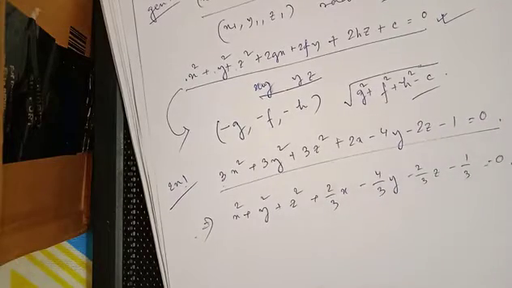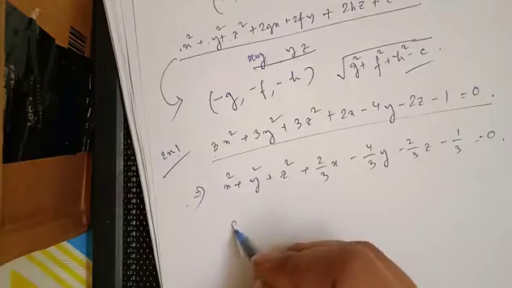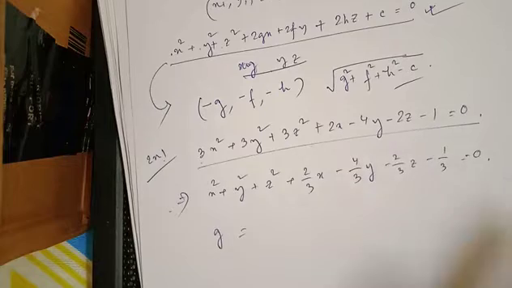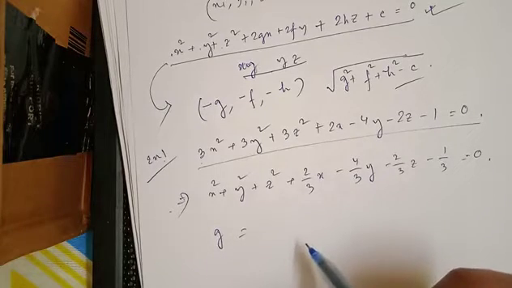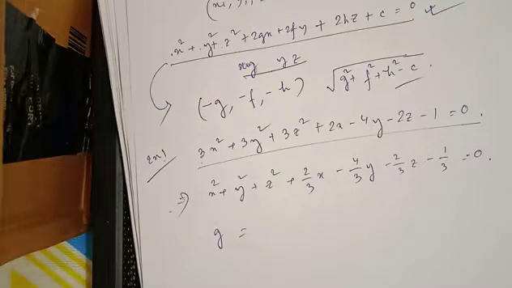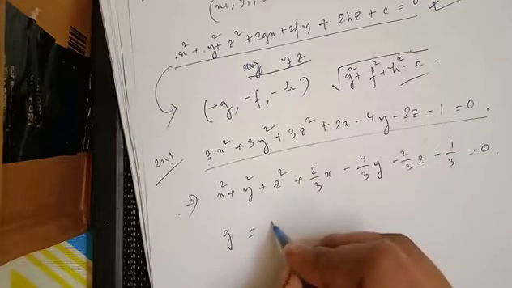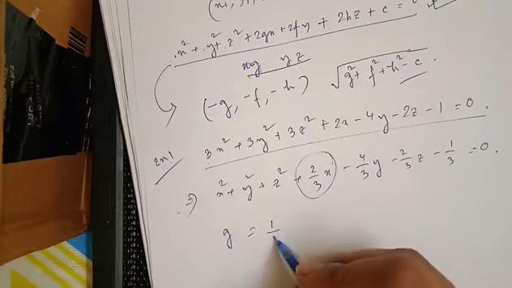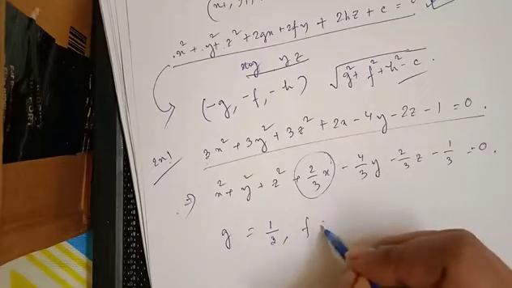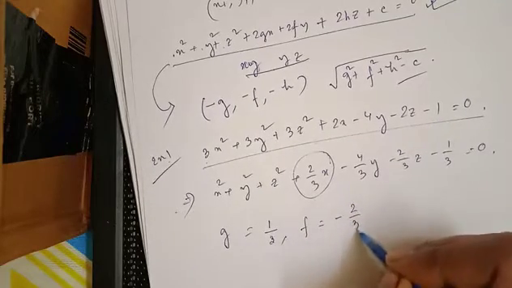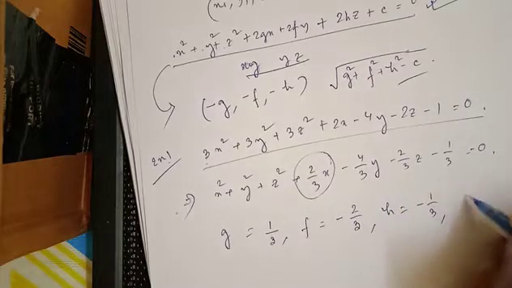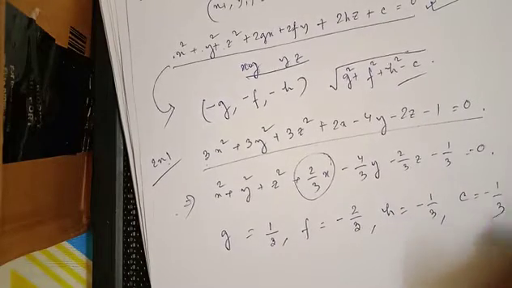equals to 0. So here, if you compare it with that standard form of sphere's equation, g will be 1/3, this one, then f will be minus 2/3, and then h will be minus 1/3, and c will be minus 1/3.